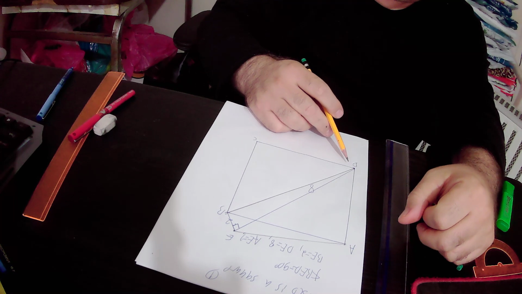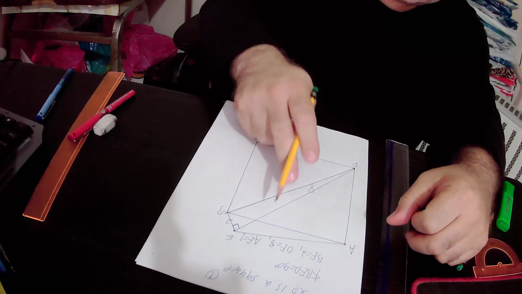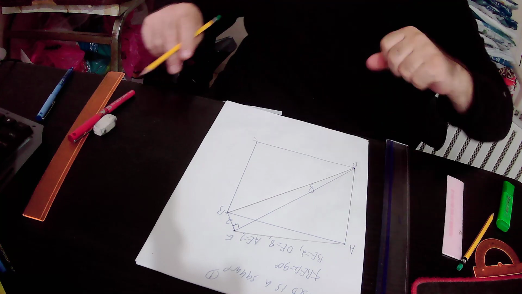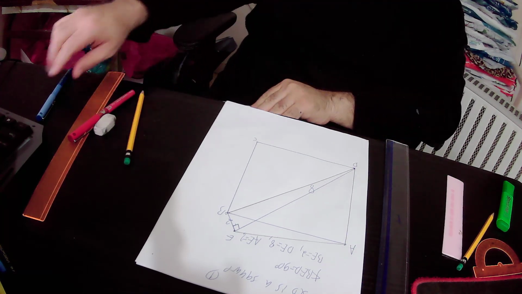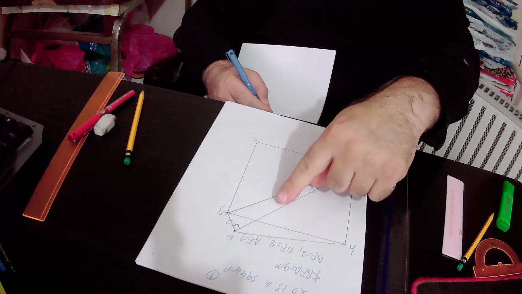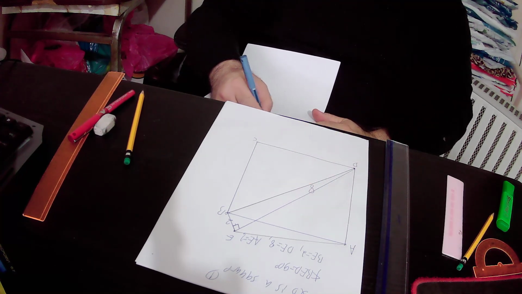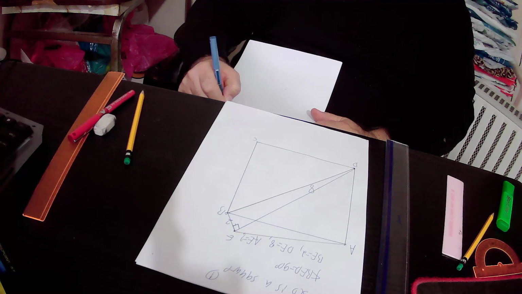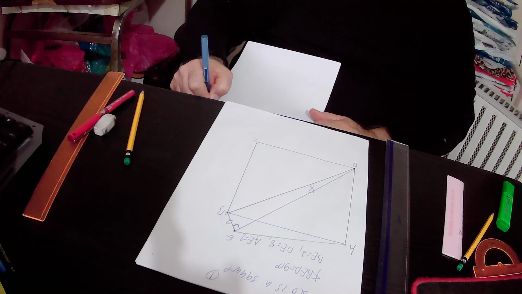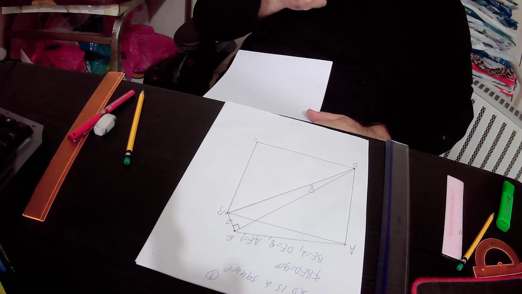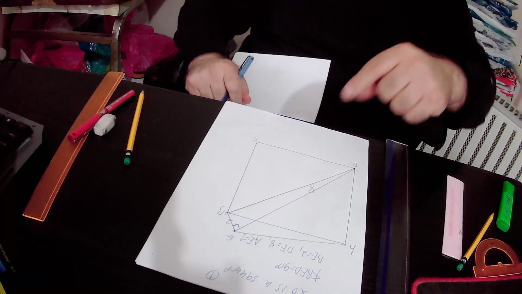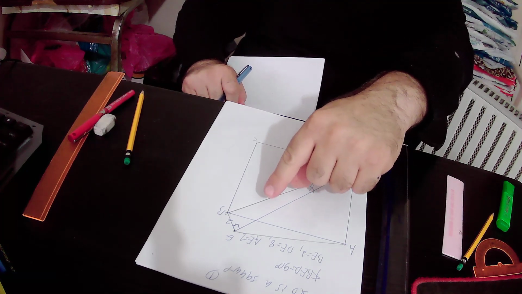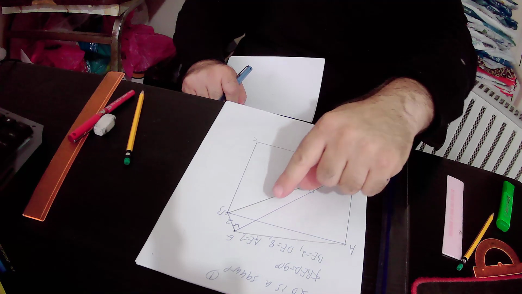Actually, triangle EBD is a right triangle. So we can implement the Pythagoras theorem on this right triangle, triangle EBD.